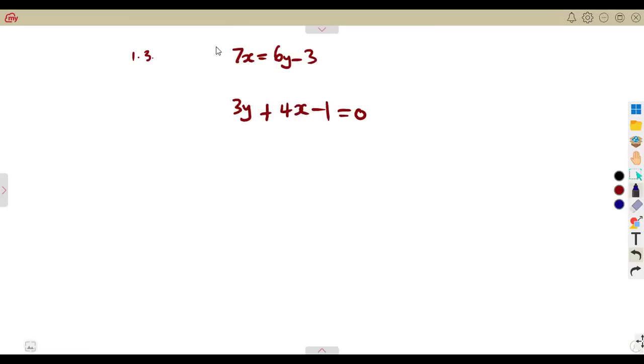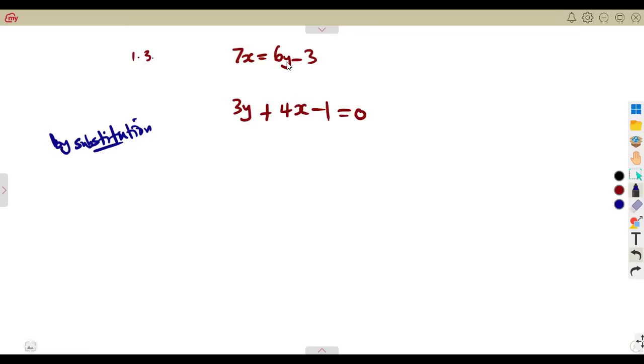Let's say I want to use the substitution method. It's up to you. We can do that. Okay, so I'm just going to start with the substitution method. By substitution method, we can choose to make x the subject or y the subject. As you can see, in all of these equations, it is actually difficult.